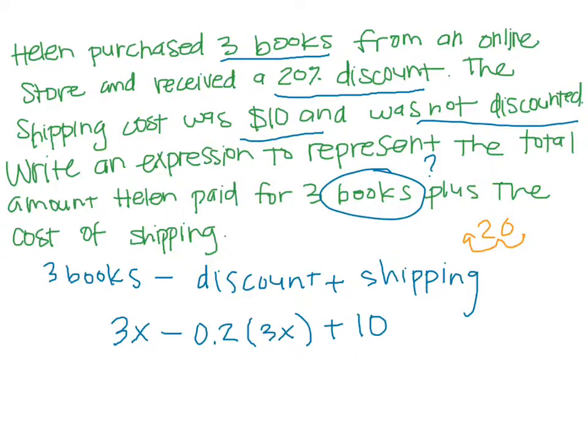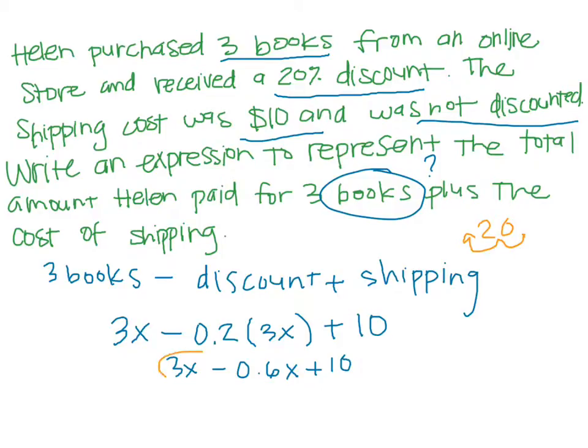We do though need to multiply. So negative 0.2 times 3x is going to give me negative 0.6x plus 10. Next, let's go ahead and combine our like terms.